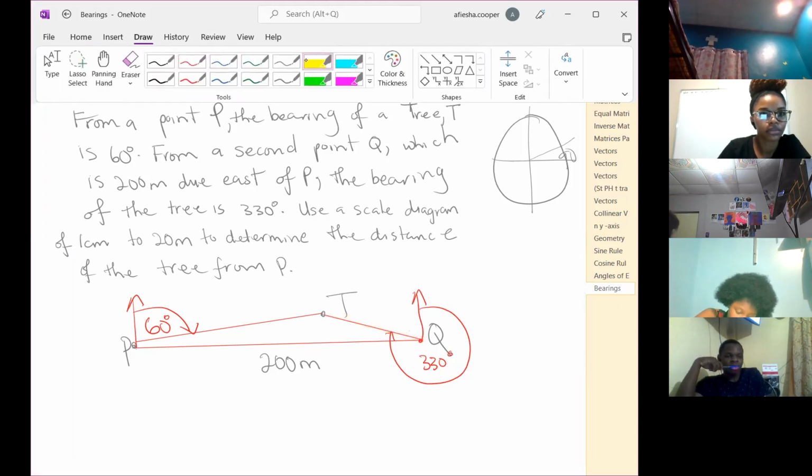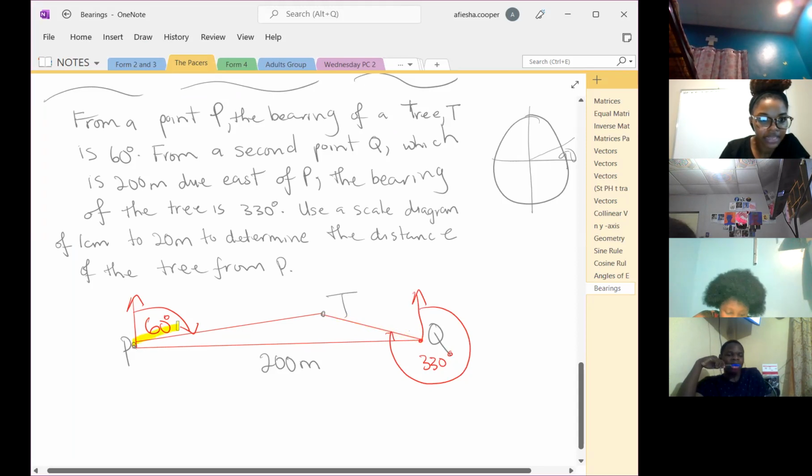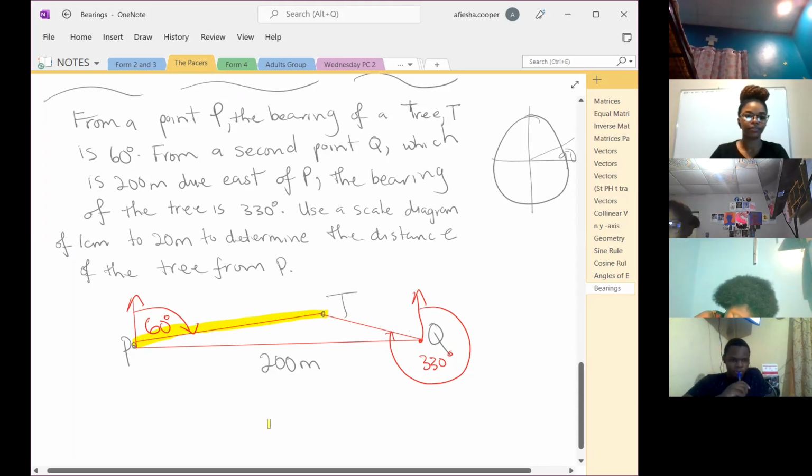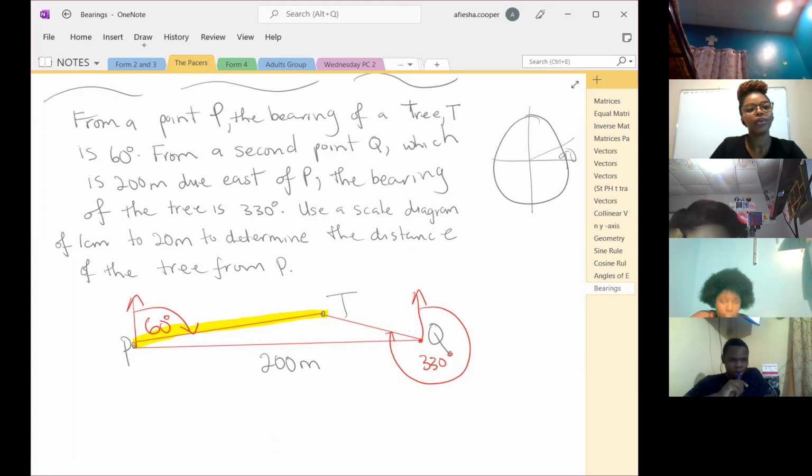So they want this line here. What do we know? How do we go about working this out?